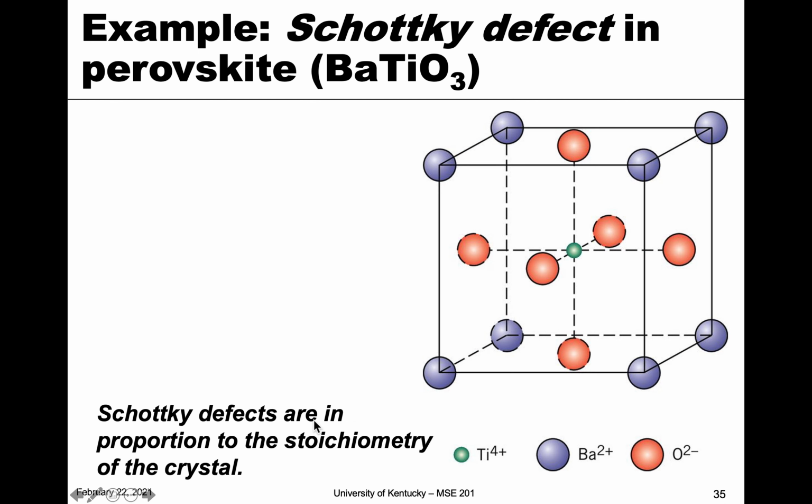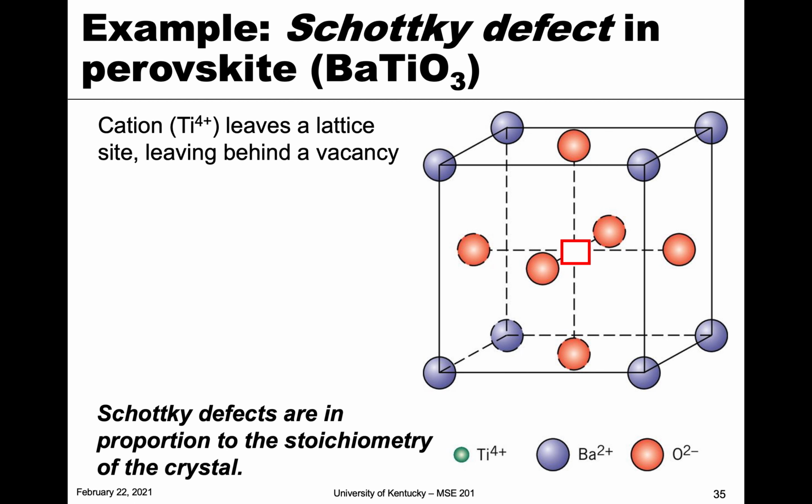Let's look at another example just to get a feel for the stoichiometry aspect. Again, with Schottky, it has to be balanced. This one is the perovskite that we talked about very briefly, barium titanate, BaTiO3. If we tried to remove one each of barium, titanium, and oxygen, that wouldn't balance the charge, because as you can see from down here, we would be removing +6 and removing -2, so the charge doesn't balance.